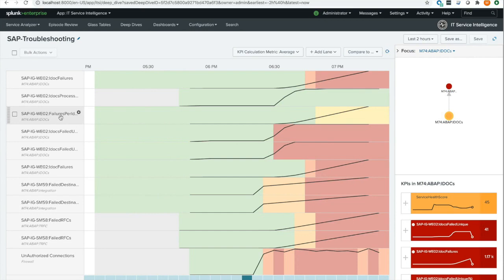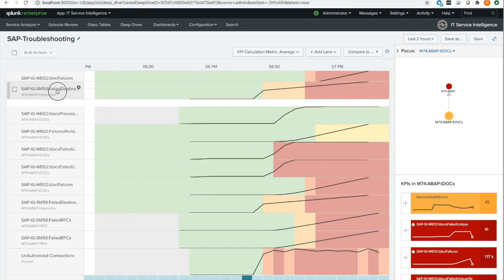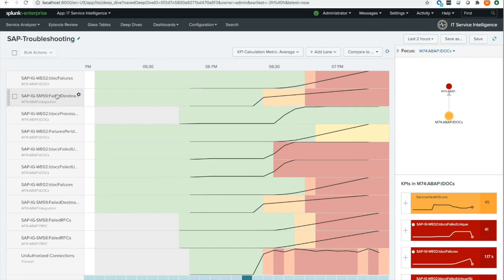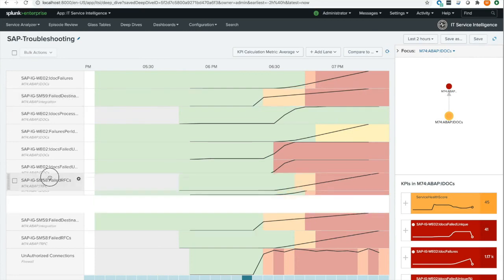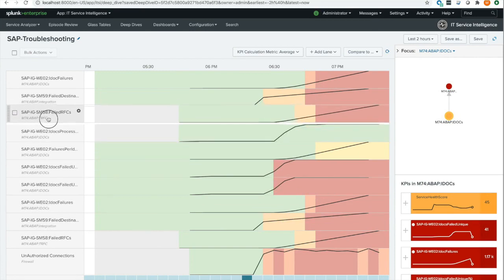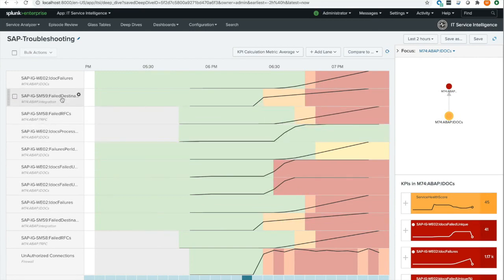Now if we overlay this information with our failed destinations, we see that before the IDOCs degraded, our failed destinations degraded. Our failed RFCs were right behind them. So it looks like the failed destinations actually were an early indication. After that, the remote function calls, and after that, the IDOCs failed.